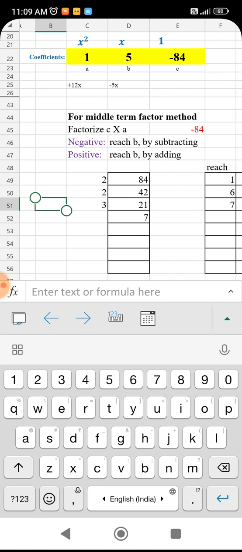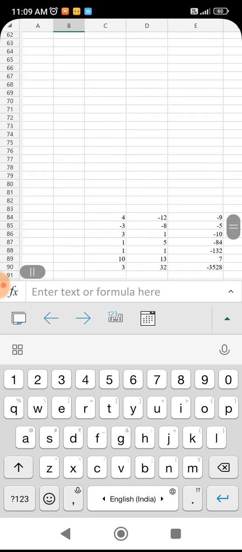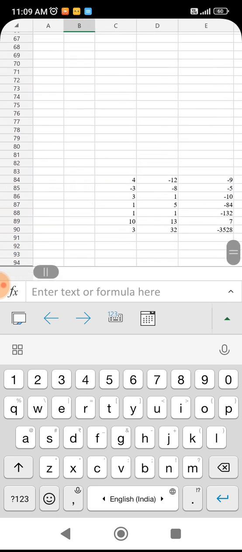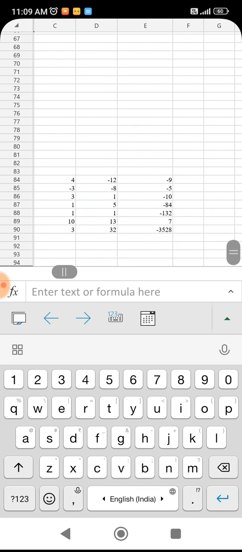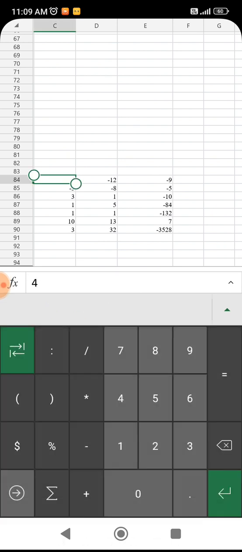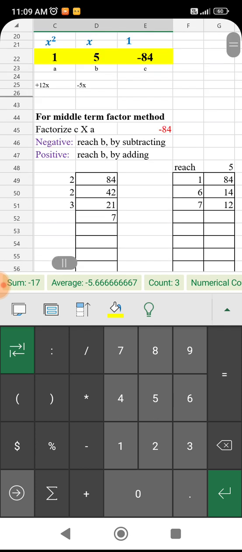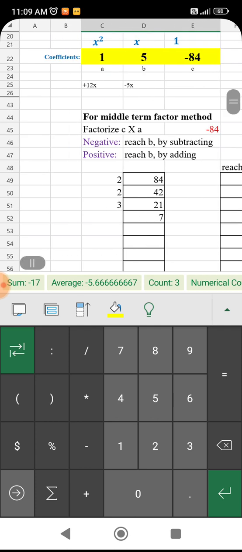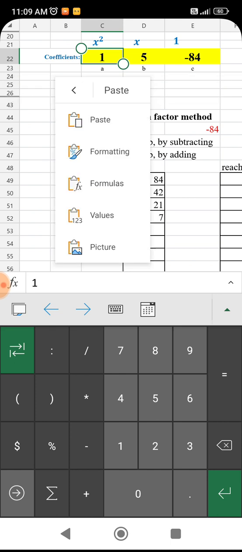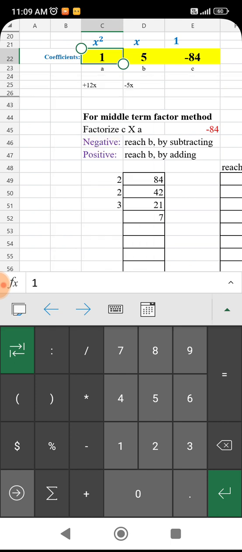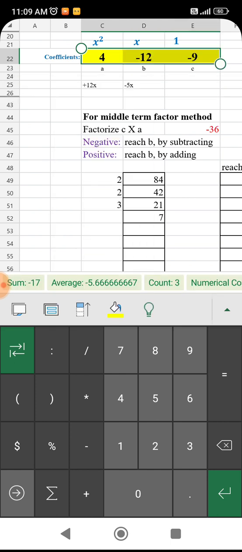Now we are coming to the next problem. Suppose I am taking a tough problem like this. We are pasting by values only, so that the setting does not change.